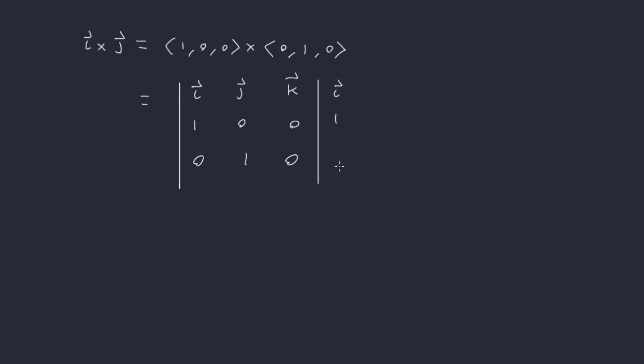And then I'll copy down the first 2 columns. Now this should go fairly quickly because we have so many zeros, right? For the i, the main diagonal is 0. The opposite diagonal is 0.